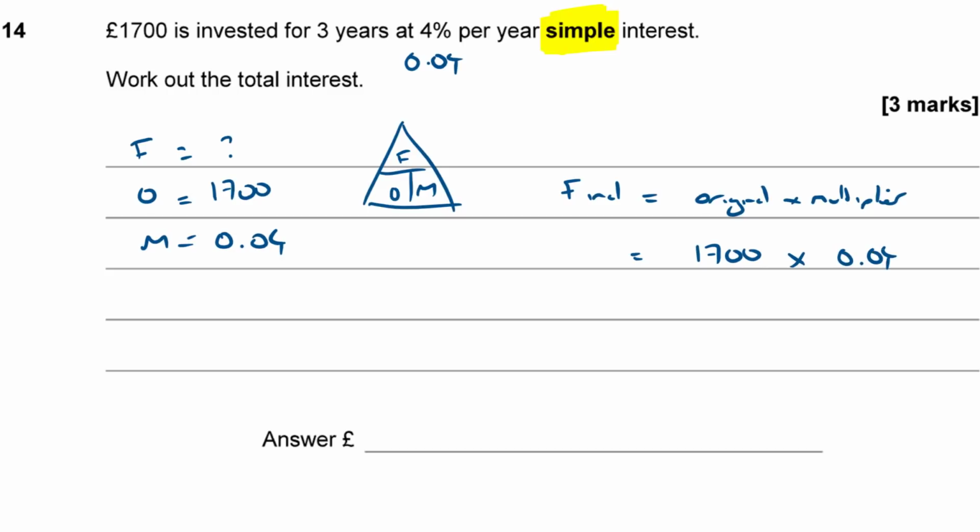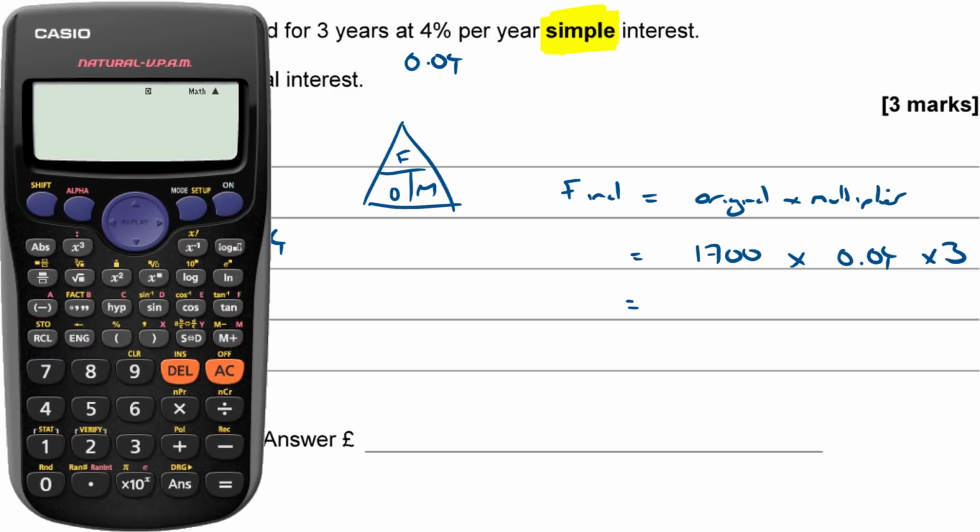Now that is just going to give me one lot of interest, and we'll have to take that answer and multiply it by 3. So I might just add that on the end, because I'm going to do that 3 times. 1700 times 0.04 times 3 gives me 204.